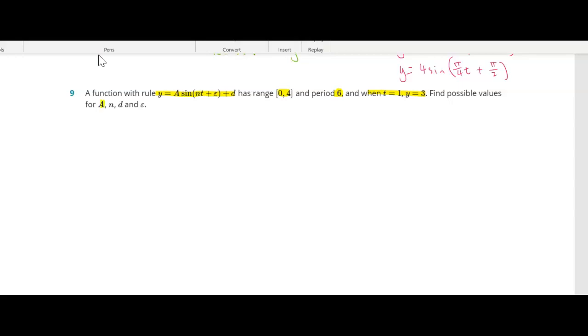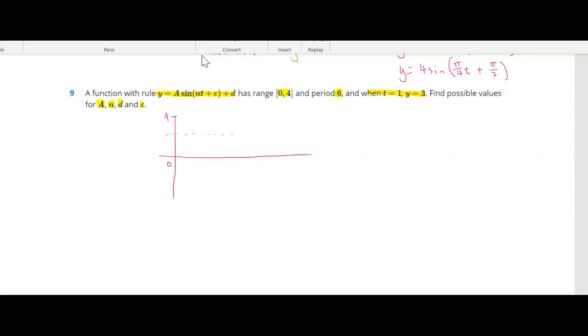All right, so this time we've got to find a, n, d and epsilon, which I might just start calling e. Okay, so a isn't as easy for this one. So if I was to graph this, our sine graph is going from 0 to 4. Now, graphing, I think, is sometimes easier to understand what is actually happening.